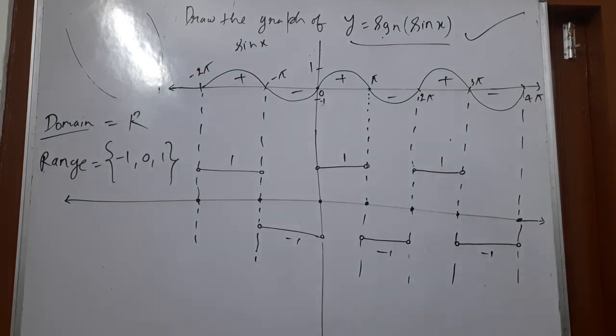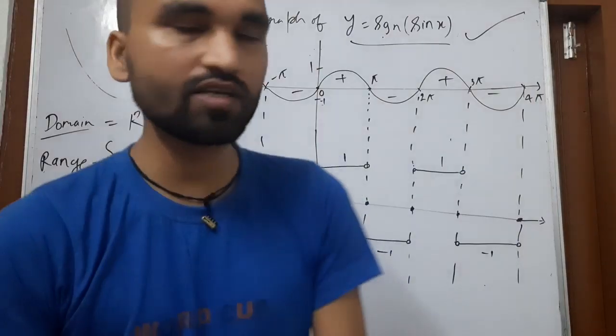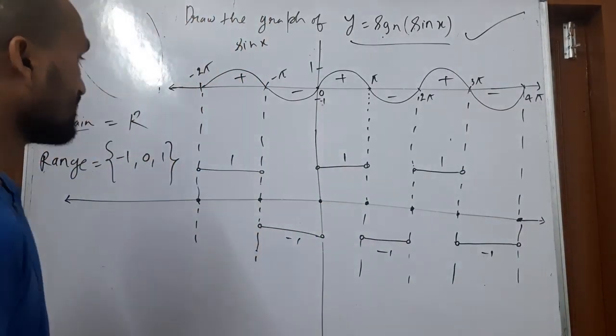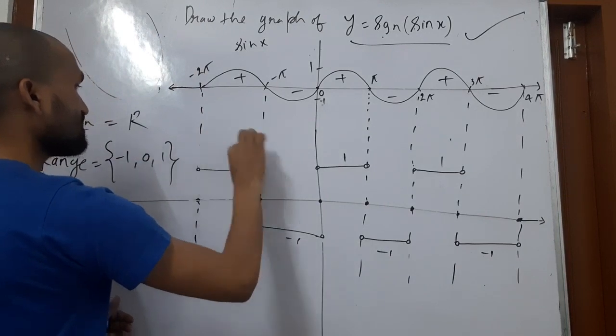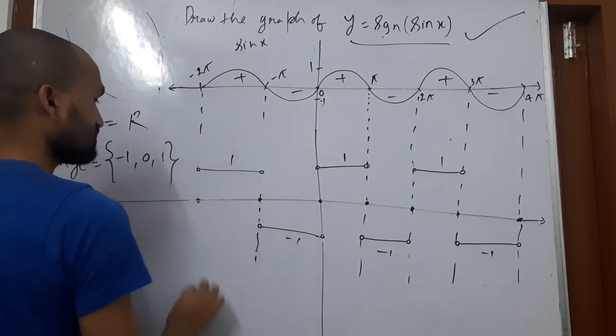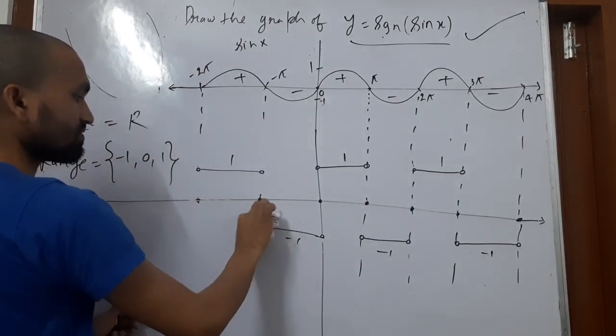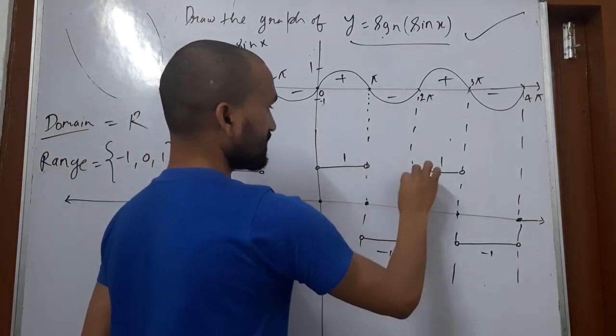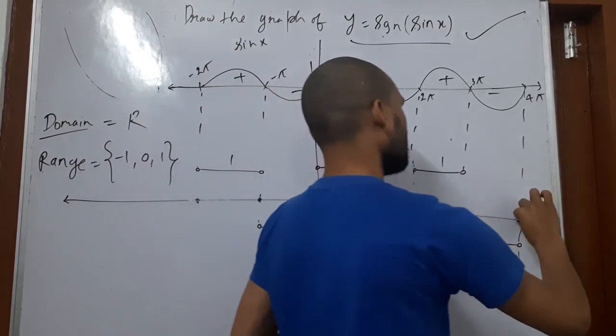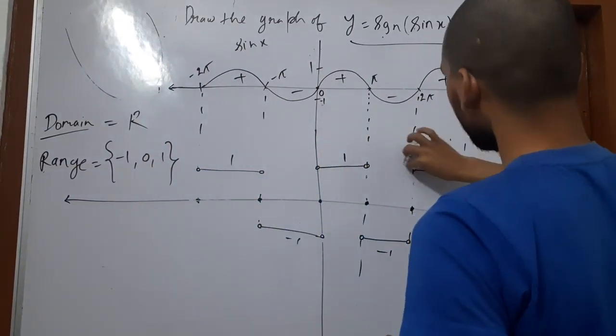So students, here we have discussed the graph of y equal to signum of sin x. If we take these two, you can see the graph clearly. For a clear appearance of the graph, we should erase this. Okay.